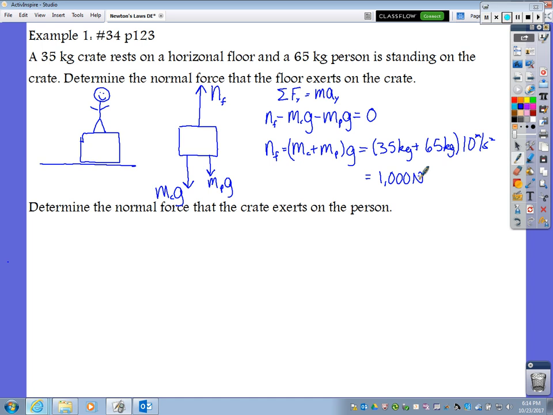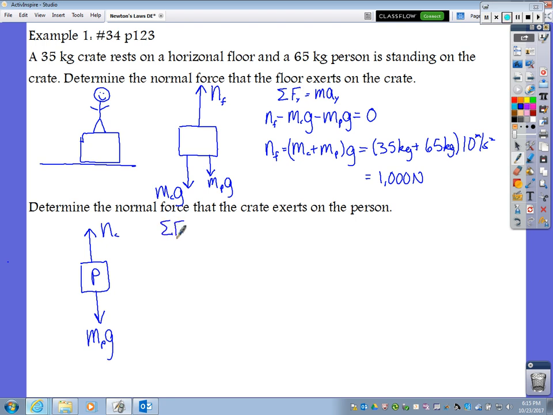Okay, now determine the normal force that the crate exerts on the person. So if we do the free body diagram for the person, I'll just put a P there. We've got the normal force from the crate pushing up, and we've got just the weight of the person, mass of the person times g, pulling down. And the acceleration again is 0.